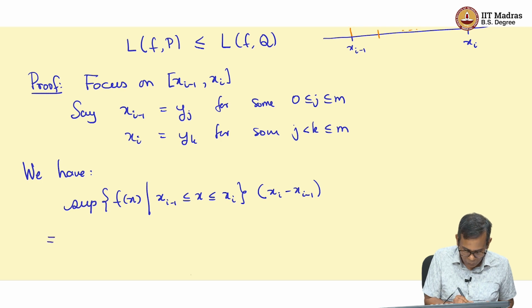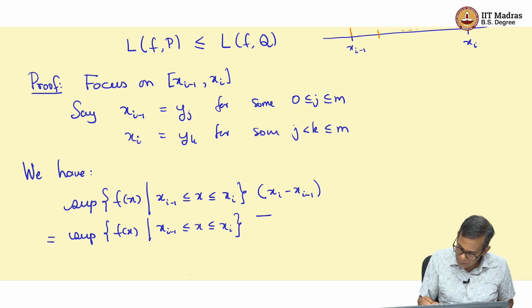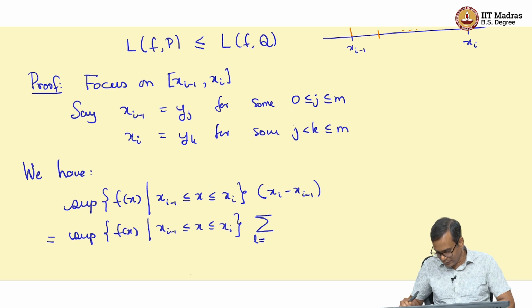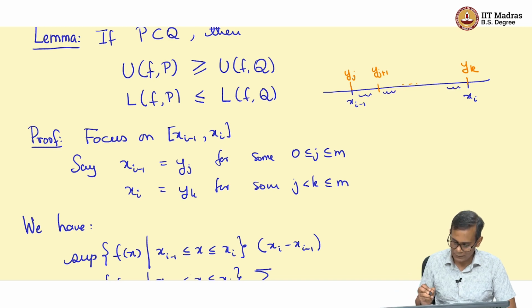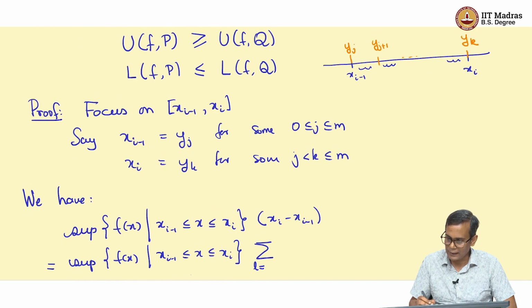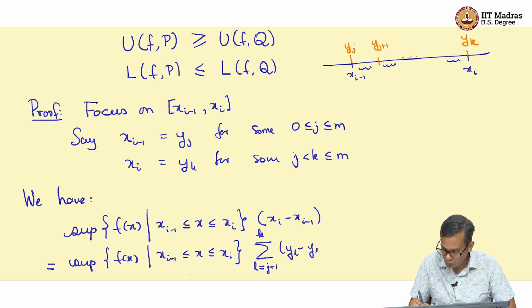So this is equal to the supremum of f(x), x_{i-1} ≤ x ≤ x_i, times the summation, since if you look at this difference, it's a sum of these smaller differences between the successive y's. So I can write this as the sum over l from j+1 all the way up to k of (y_l minus y_{l-1}).